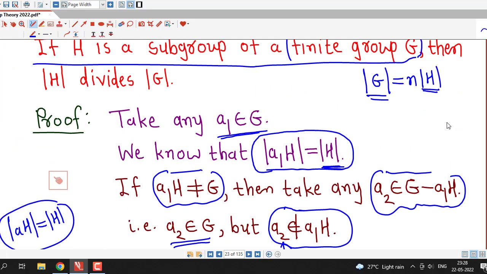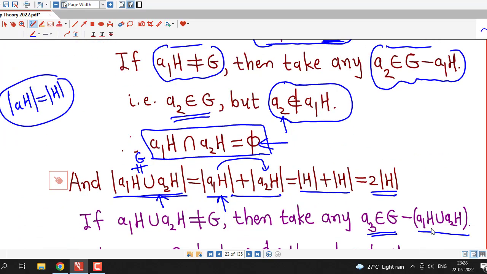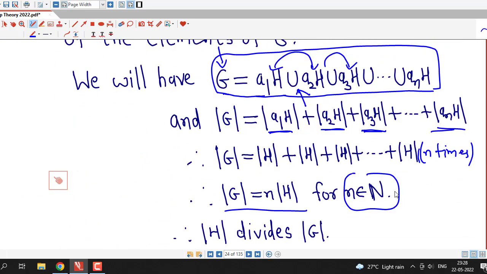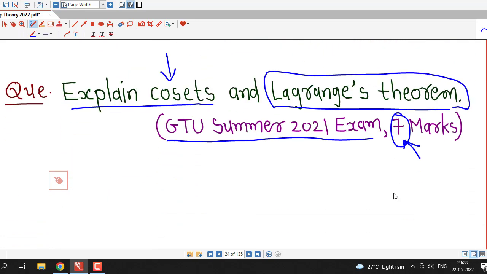I have shown how to prove Lagrange's theorem. So we can consider 2 marks for the definition of coset and 5 marks for the Lagrange's theorem.